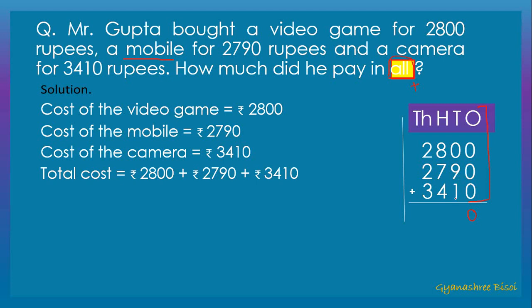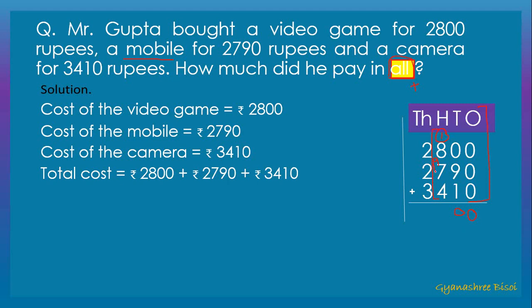9 plus 1, that equals 10. We have already discussed that I will put 0 below tens place and 1 I will carry over to hundreds place. Now I will move to hundreds place and I will add the digits that are below hundreds place. 1 plus 8 equals 9.